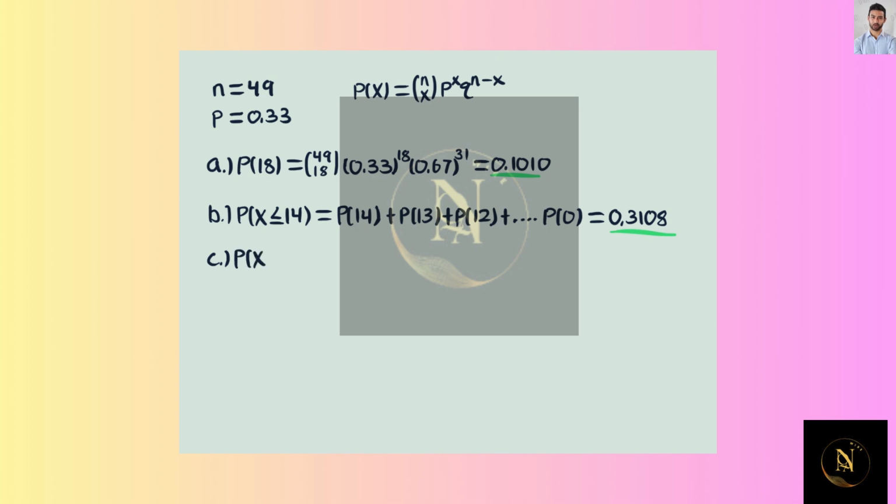Now moving on to part C. In part C, we're asked to find the probability that x is at least 15, so greater than or equal to 15. Now we're going to work ourselves up: 15 plus the probability of 16, all the way up to 17 and so on to our sample size here, which is the probability of 49.